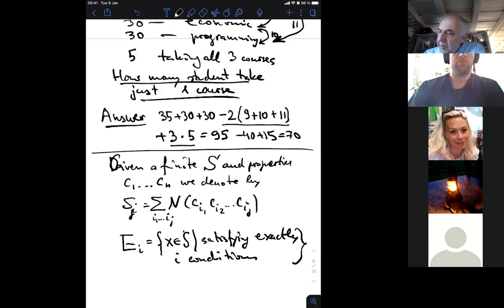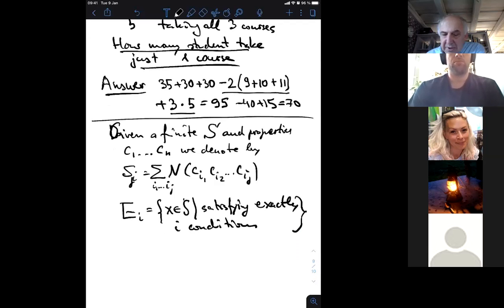So for example, in what I started this hour, we were counting how many students took just one class. So we were interested in E1: how many students satisfy just one condition, where the different conditions were to take different classes.